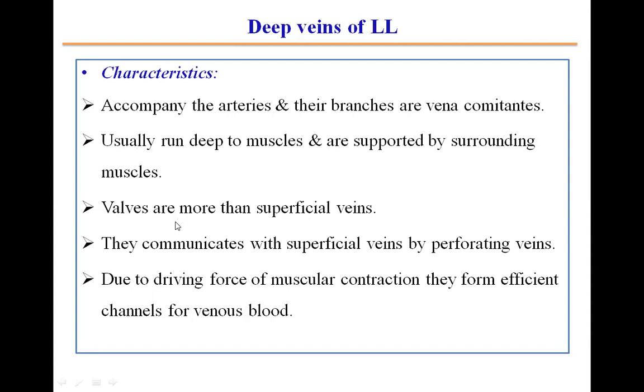Their walls are thicker than the superficial veins. They communicate with the superficial veins by the perforating veins or perforators. Due to the driving force of the muscular contraction, they form an efficient channel for the venous blood. So these are the characteristic features of the deep veins of the lower limb.